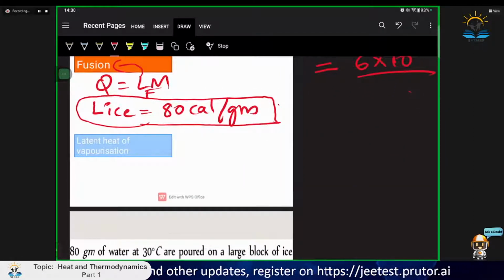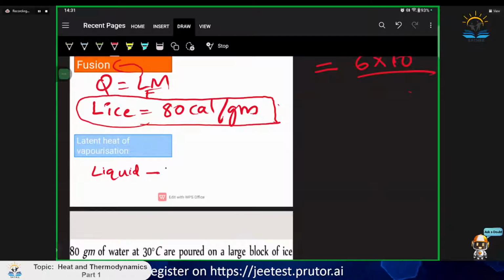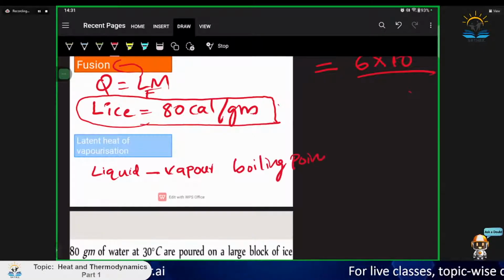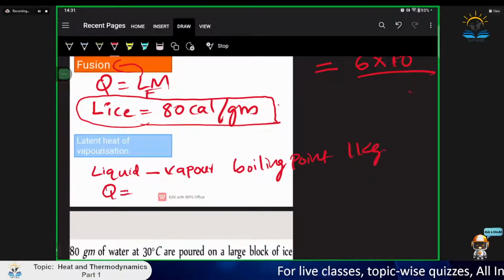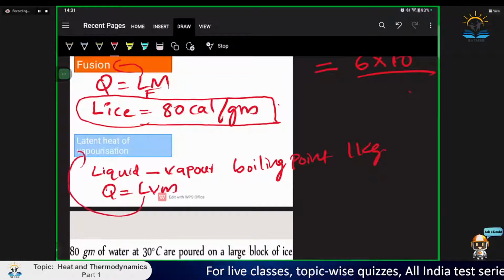Okay. Latent heat of vaporization. Here, the change of state is from liquid to vapor, at its boiling point, for 1 kilogram of substance. So we can write the same: Q is equal to LV into M, where LV is the latent heat of vaporization.